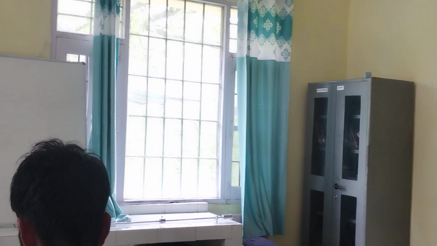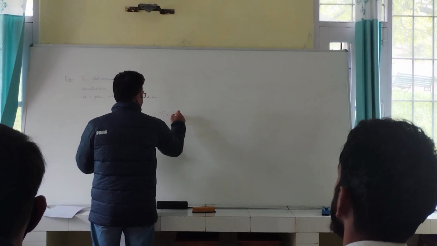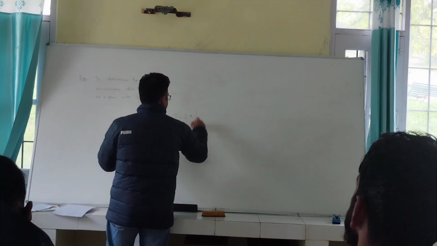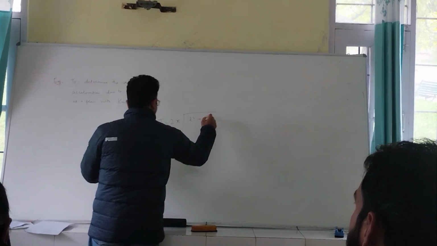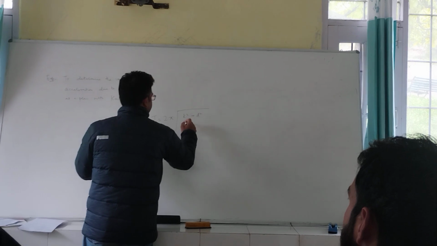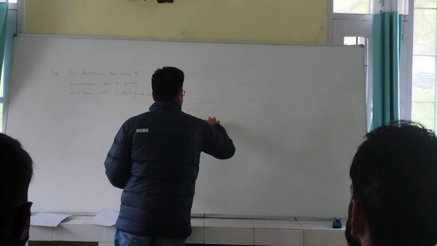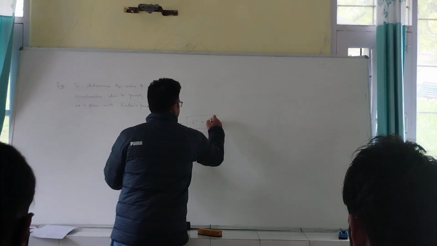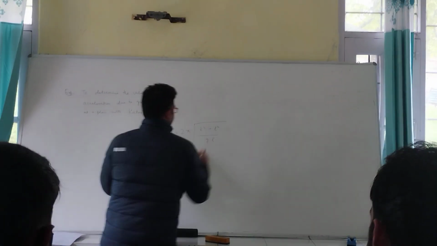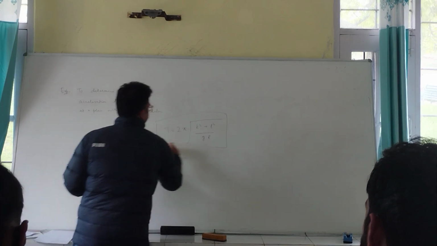In that bar pendulum, we derived this formula: T is 2 pi under root of (k square plus d square) by g d, or you can write it in terms of L, k square plus L square over g L. This formula we utilized in the last experiment.